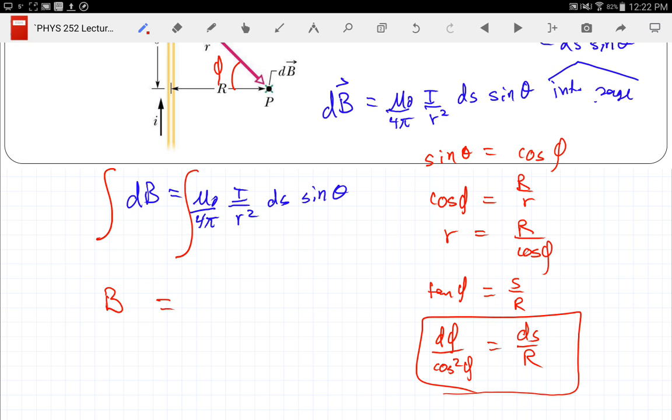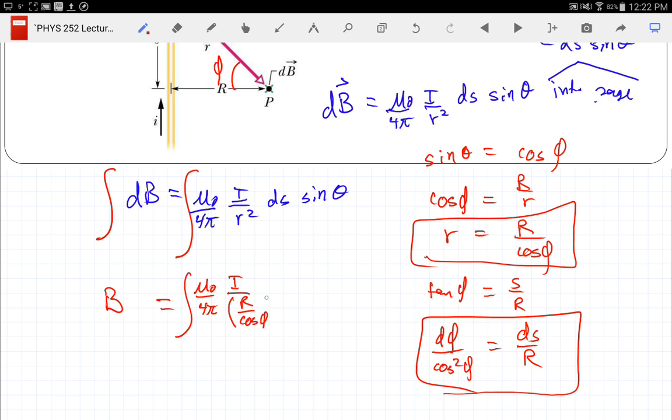So here is how to get the ds converted into a d phi, and here is how to deal with the r. And so if I substitute those in, so there I substituted for the 1 over r squared, and then for ds, I have that, and then for sine theta, I have cosine phi.